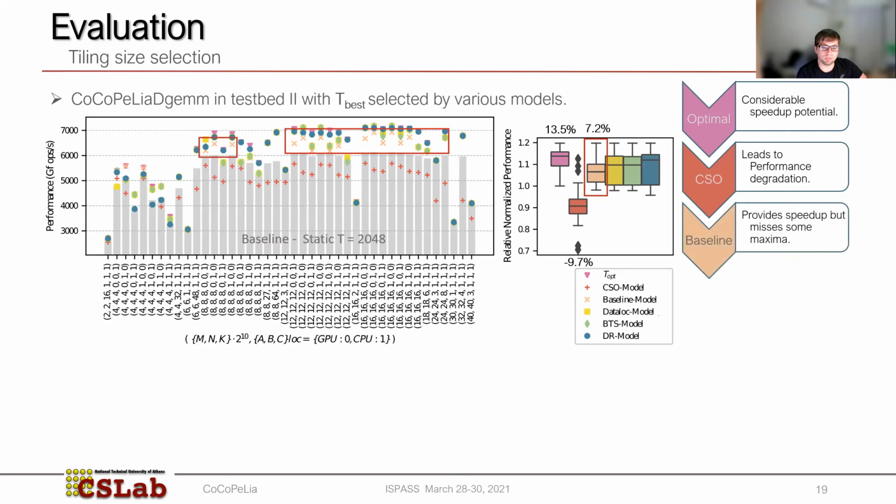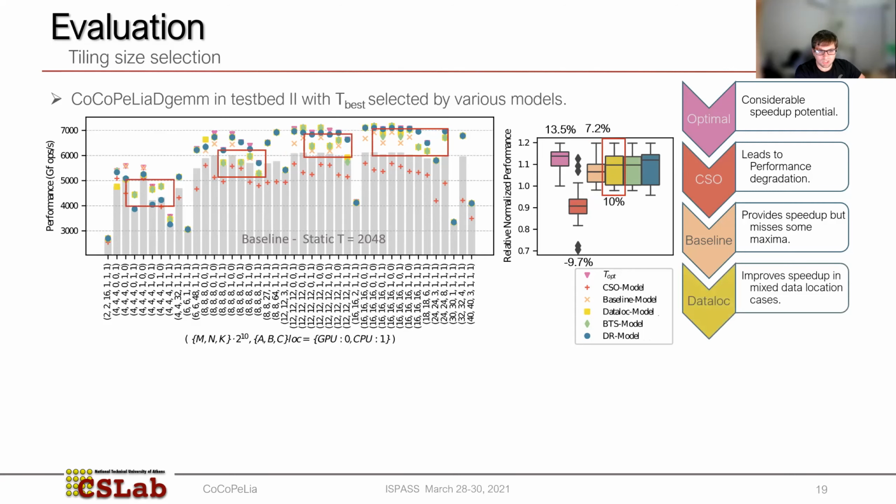On the other hand, our baseline provides a 7% speedup, capturing some of the potential performance but missing the maximum. Then the datalog model improved this to 10% with better prediction for cases with non-CPU data location, which, as you can see in the figure, are the 2/3 of the total cases.